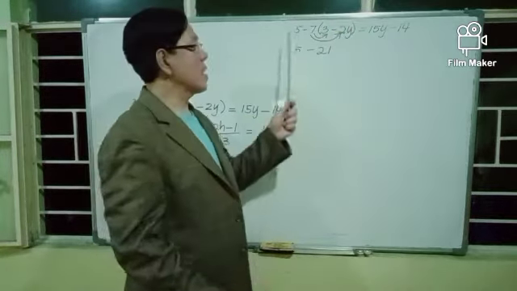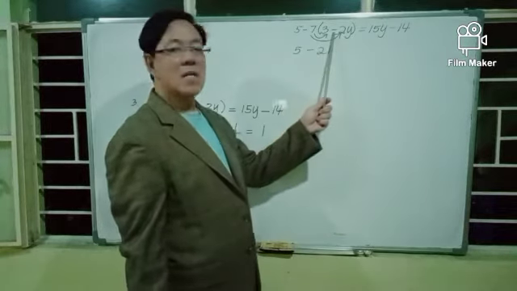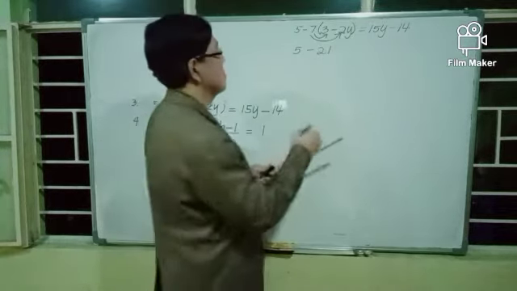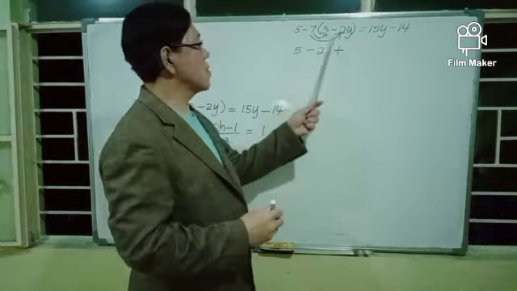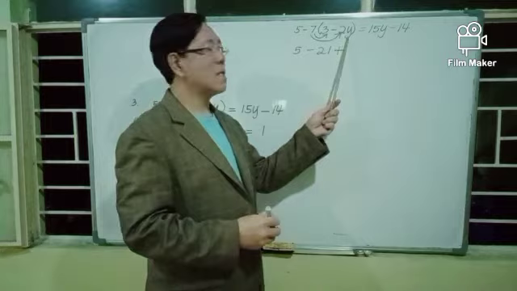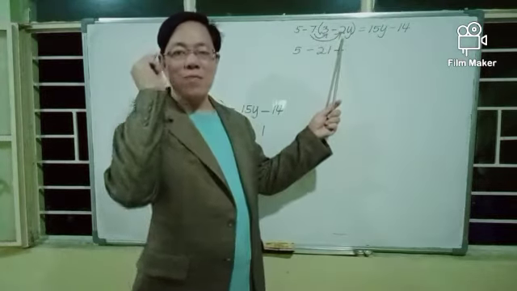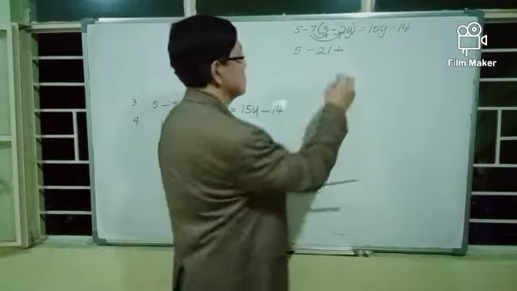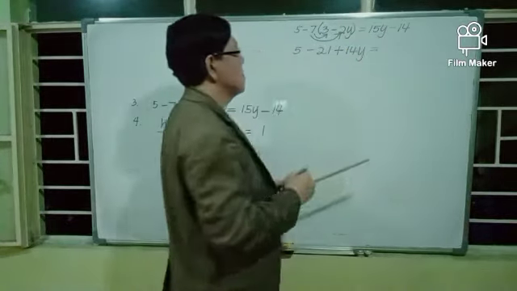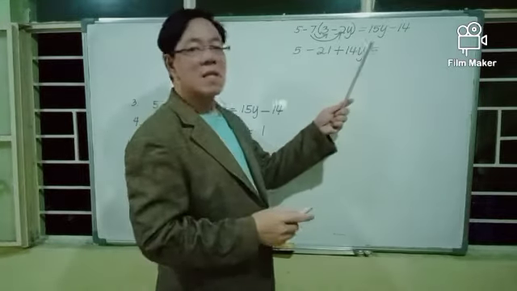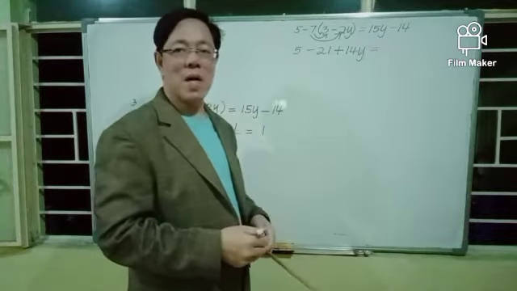Now multiply negative 7 by negative 2y. Negative times negative is positive. And 7 multiplied by 2y is 14y. At the right hand side, we still have the same terms, 15y minus 14.